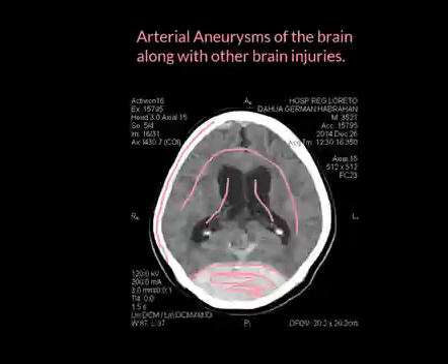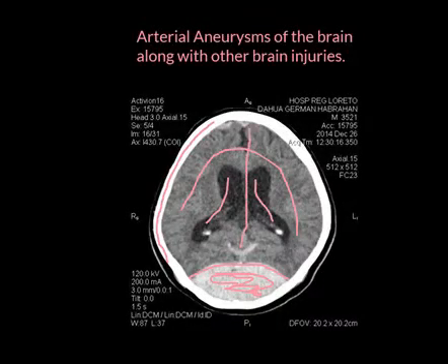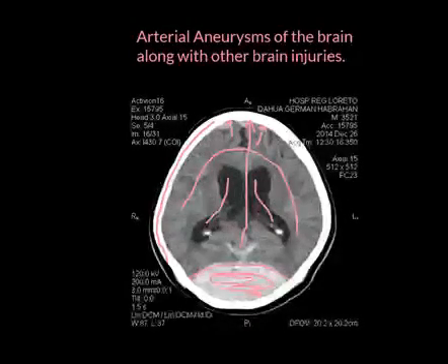Other times you can get one in the front of the brain. It just depends upon how the brain is pushed forward or backwards. The brain itself has very little room, like I said, in the skull, but it does have enough to shift during a fall or during an injury, where it can slam up against the wall of the skull, and that will cause this kind of a bleed.